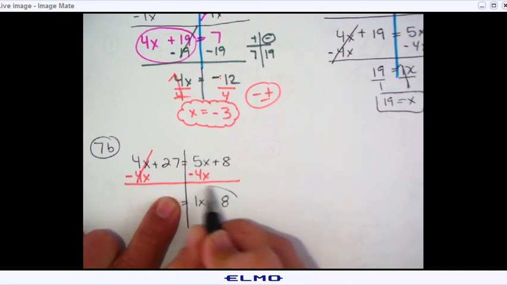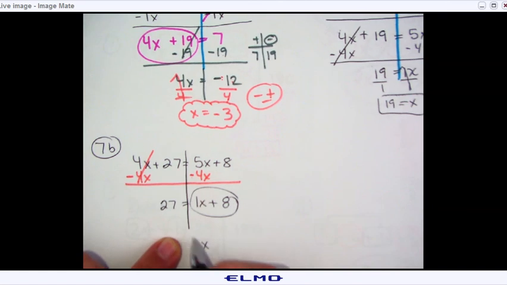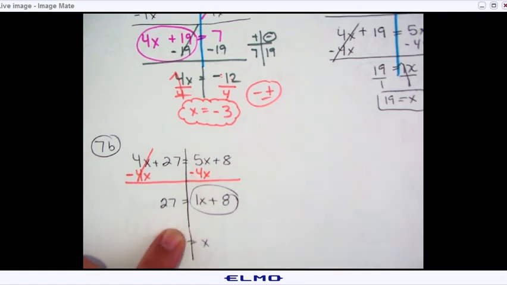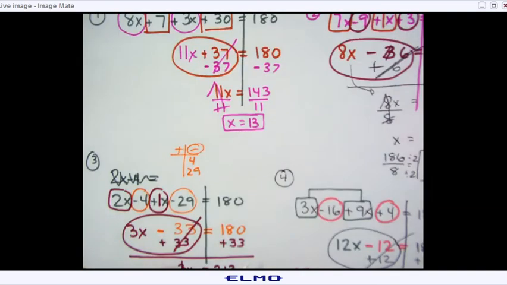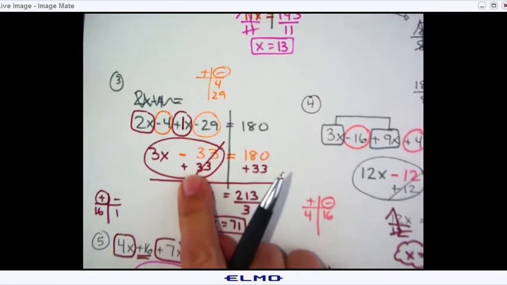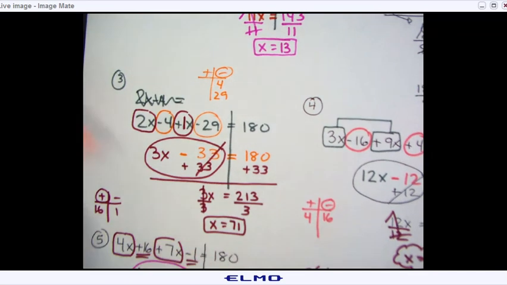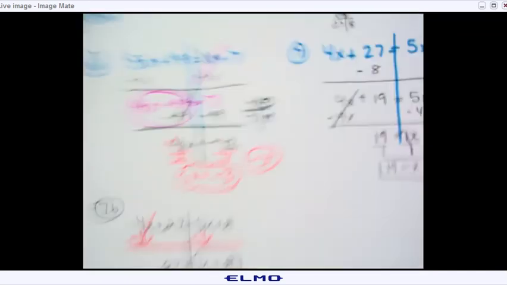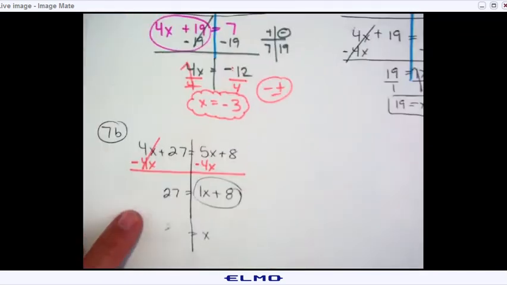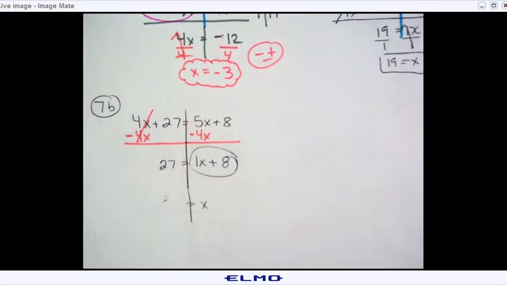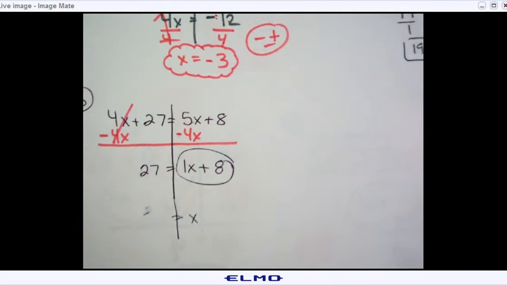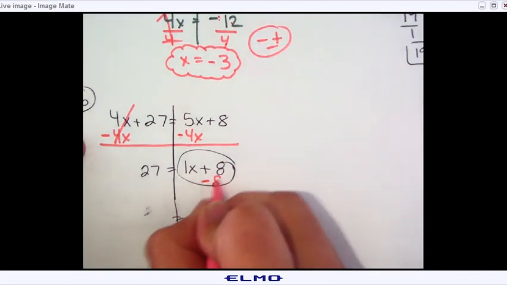Now the x is on the right side because there's no more x's. So let's do the work on the right side because we're so used to doing it on the left side, right? But it's okay. You could do it on the right side. There's no more x's, it's only on the right side. So what do I got to do? Take away the 8. Take away the 8.